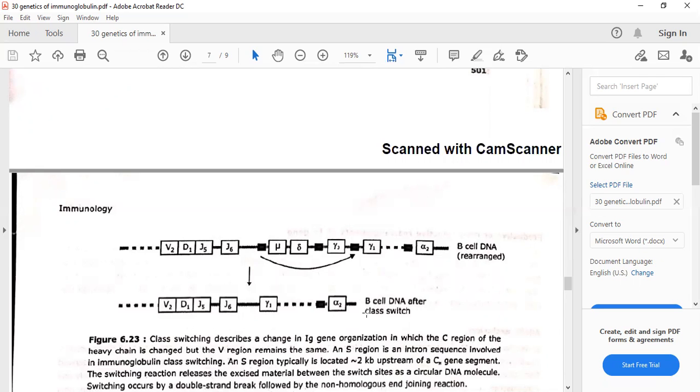And it will depend on the presence of these chains. If we require immunoglobulin M, then what will happen? There will be cleavage from this portion to this portion, leaving only the mu chain, making immunoglobulin M. So this is the procedure by which the immunoglobulin will be designed. So our topic is over here. Thank you very much.